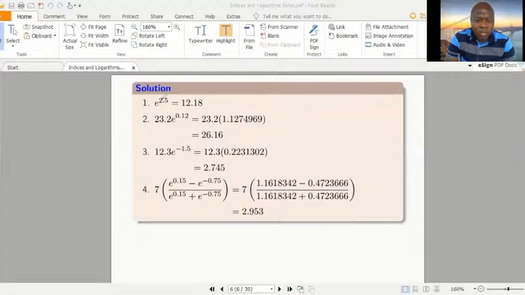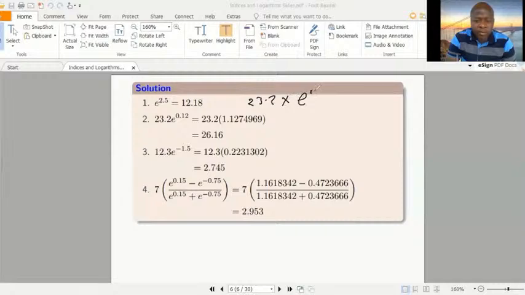Now, e raised to 2.5 gives me this. What about 23.2 multiplied by e raised to 0.12? That one you can just do on your calculator the way it is. 23.2 and then multiplied by e. You don't even need this multiplication, but there's no problem. You can put it.